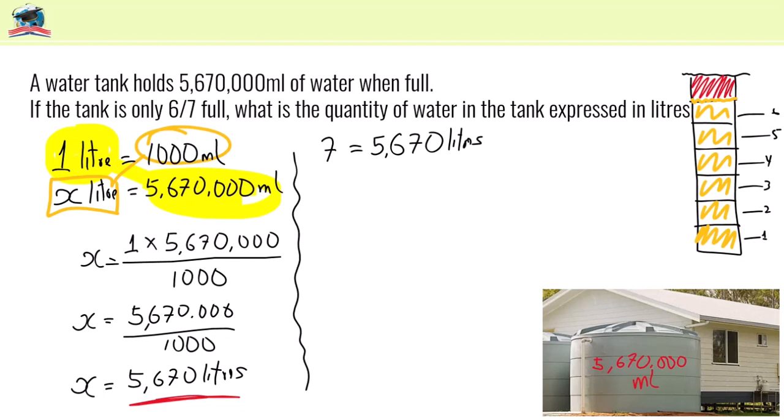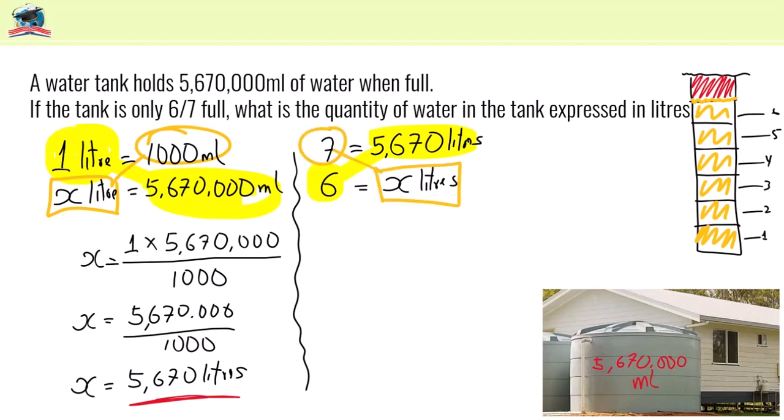So 6 will be what in liters? That is what the question is trying to ask us. We have a space left, and that space left is the 7th one. So if 7 gives us a total of 5,670 liters, what will 6 give us? This is just the same method we've been using.